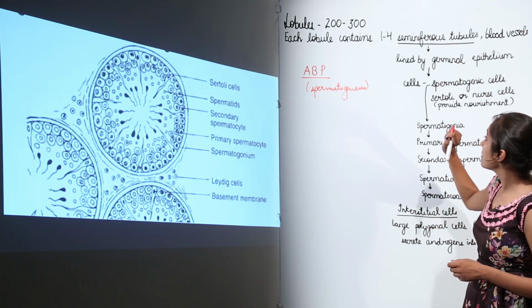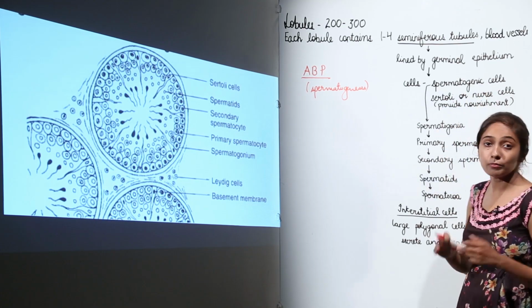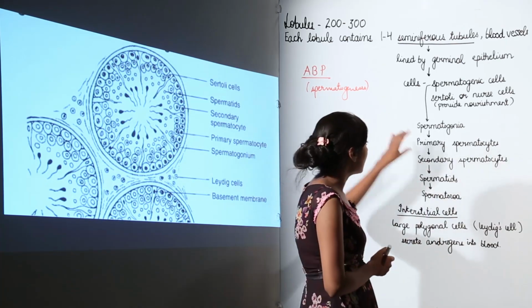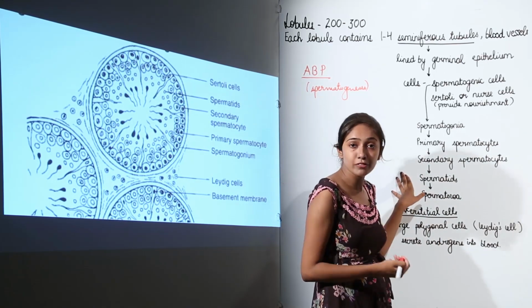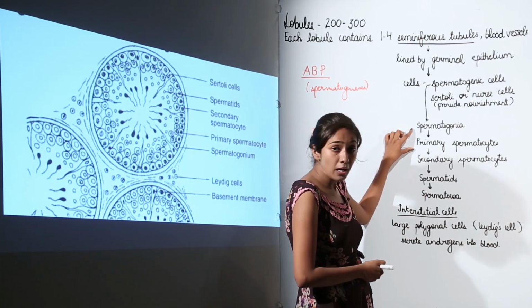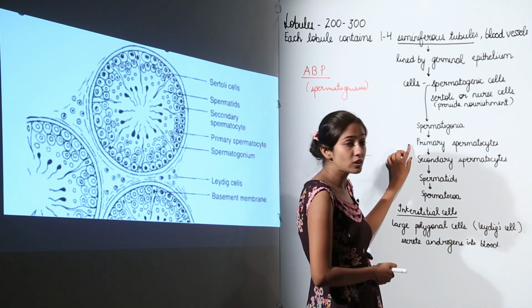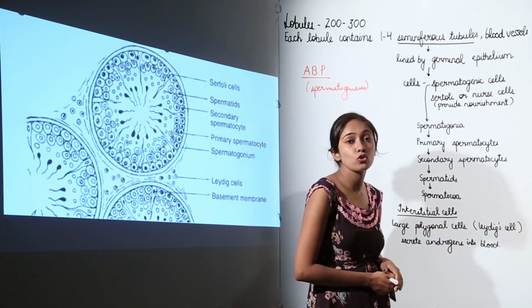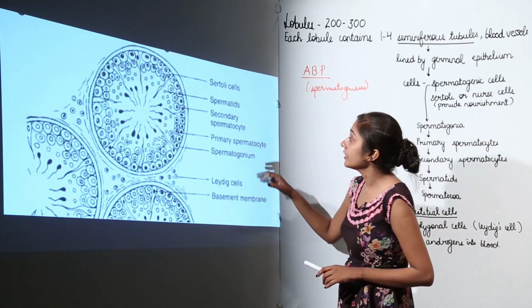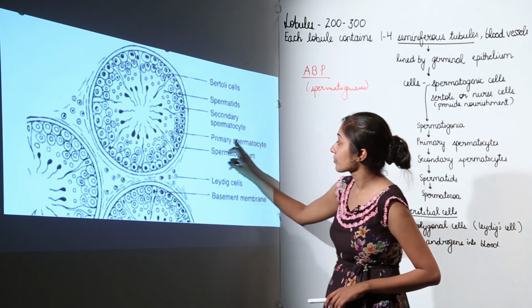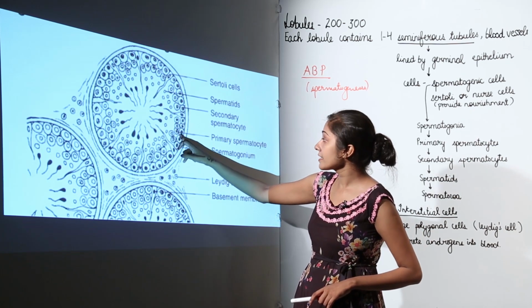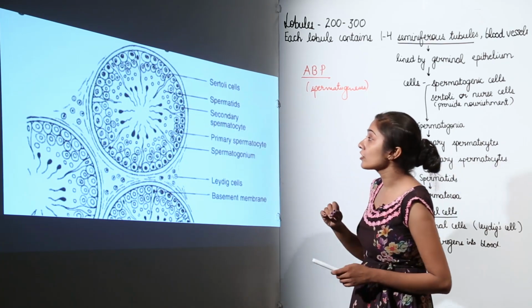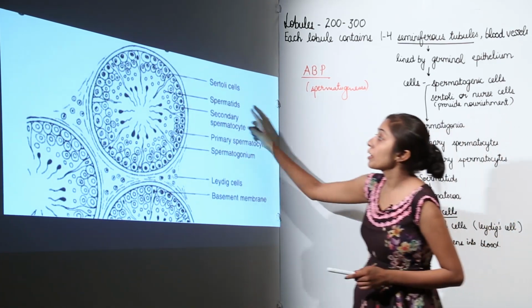The next type of cells we have discussed are the spermatogenic cells, which are in majority. You can see that these are the spermatogenic cells. Now these spermatogenic cells undergo mitotic divisions and form spermatogonia. After that, primary spermatocytes, secondary spermatocytes, spermatids, and then finally spermatozoa. So you can just see here that this is the primary spermatocyte, and then it further divides to form secondary spermatocytes, and after that we have spermatids.